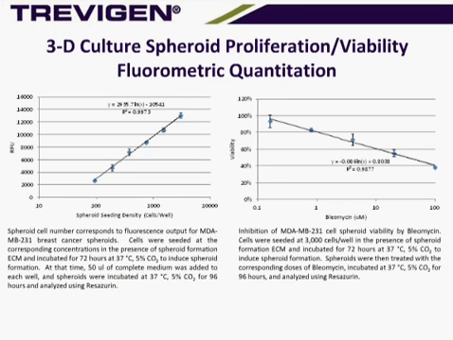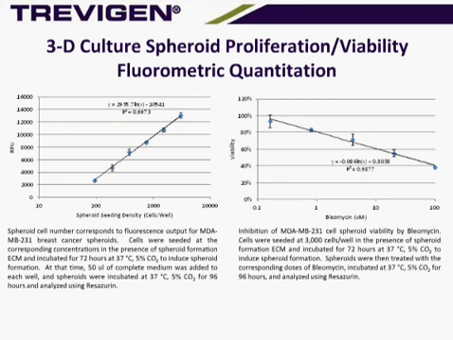Okay, and as we see here, here is our data. On the left is a standard curve based on different cell seeding densities for the spheroids. So we have different cell densities and different spheroid sizes, and we see an increase in our relative fluorescent units associated with an increase in cell number, as we'd expect.